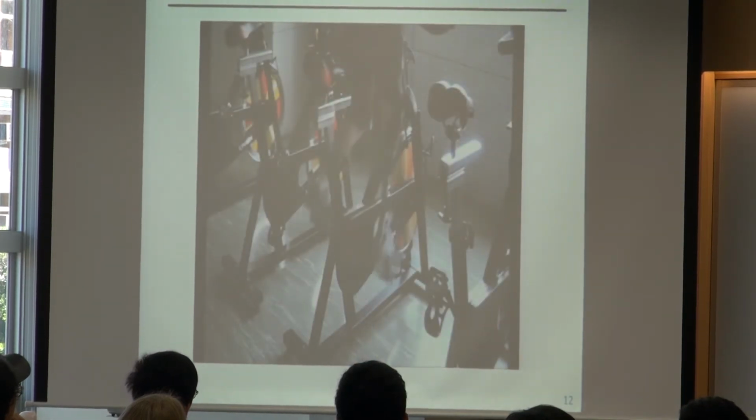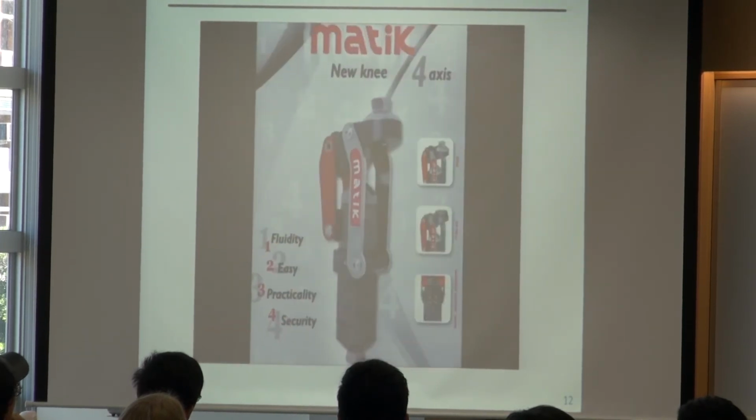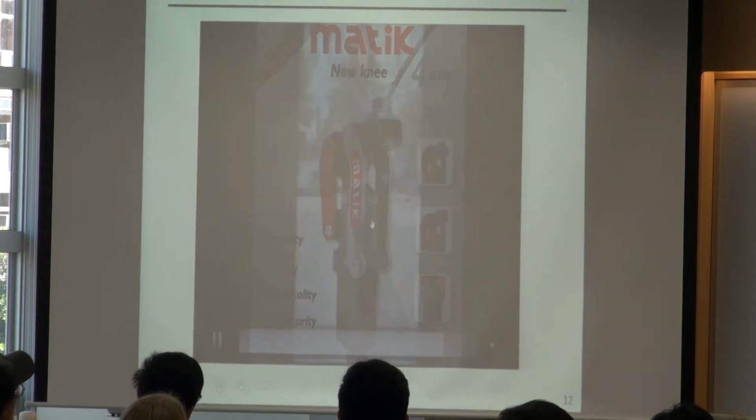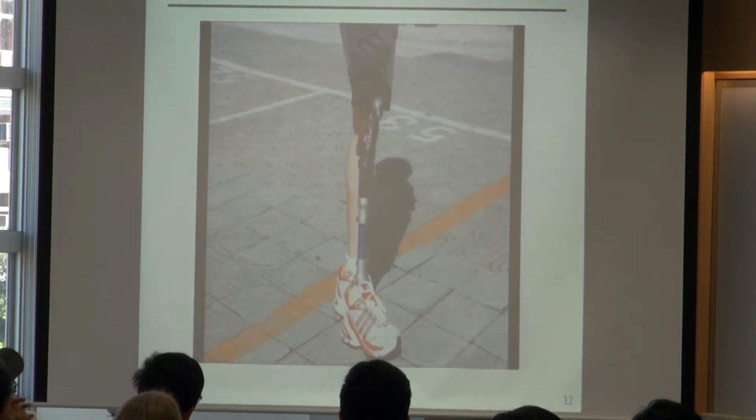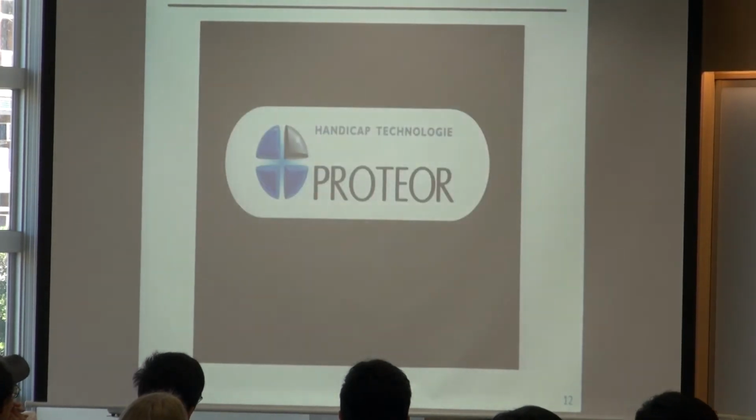Anyway, if you search 4-bar knee joint, you can find a lot of videos like this. And here I just show you 2 examples. So there's one example where we are using a coupler-driven 4-bar mechanism instead of a regular crank rocker or drag link double rocker mechanism.